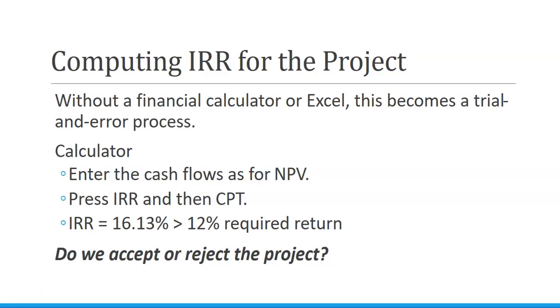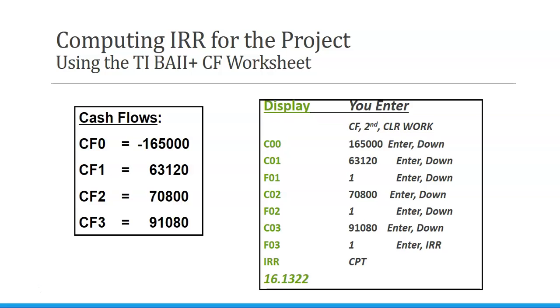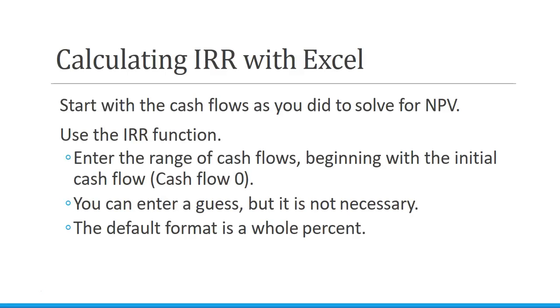If the internal rate of return comes back higher than the required rate of return, we would accept the project. So we have an example here of how we would put it into a financial calculator.